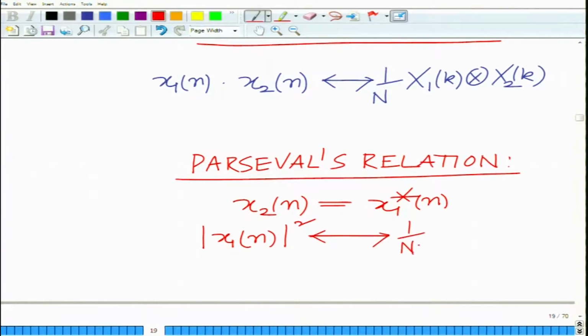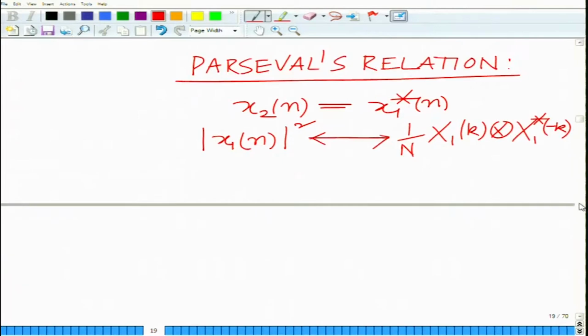1 over N times X1(k) circularly convolved with the Fourier transform of x1 conjugate of n, that is X1 conjugate of minus k.